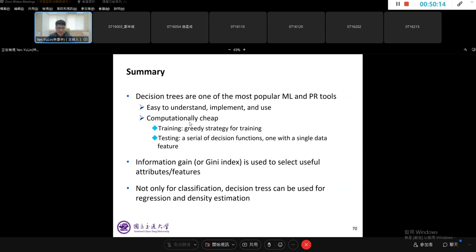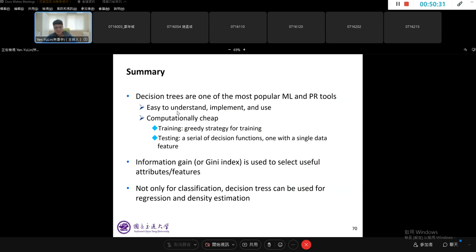Okay, let me summarize what I told about decision tree. Decision trees are one of the most popular machine learning and pattern recognition tools. They are easy to understand, implement, and use.